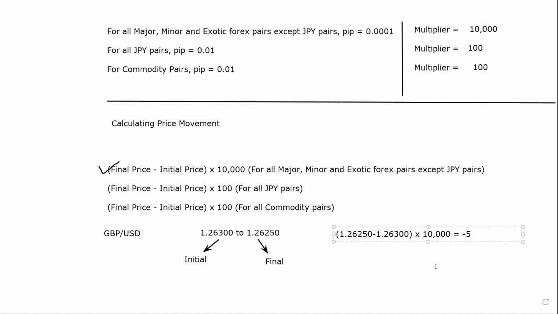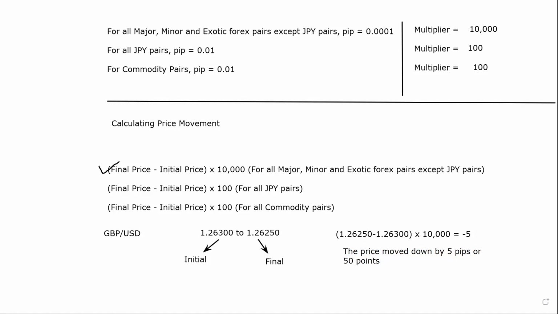So -5 here means the price moves down. When you see a negative answer, it means the price is moving down, and positive means the price is moving up. That's it. This is what you're going to do.